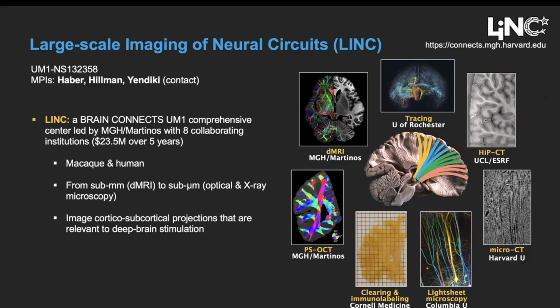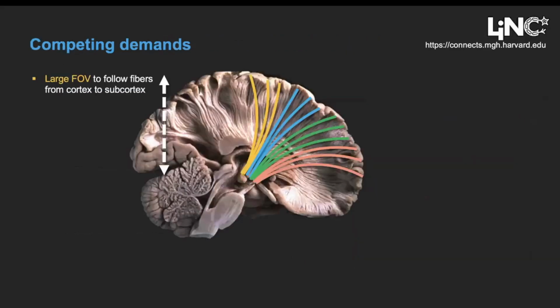Our goal goes back to that application that I showed you earlier of getting a more accurate model of the fiber pathways that are relevant to deep brain stimulation. So the goal is to image cortico-subcortical projections that are relevant to deep brain stimulation for both motor and psychiatric disorders.